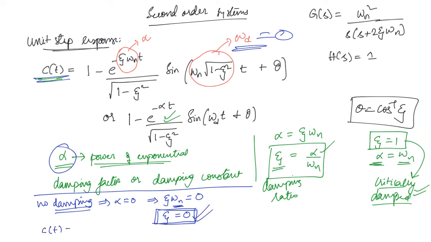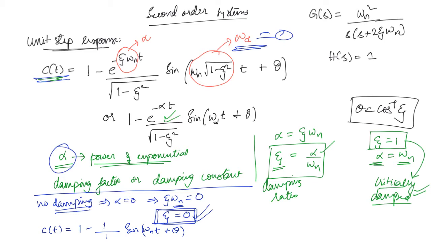C of t is equal to 1 minus e to the power minus 0t. Okay, e to the power 0 is 1, divided by root over 1 minus zeta square, which will be 1, into sine omega n t plus theta.